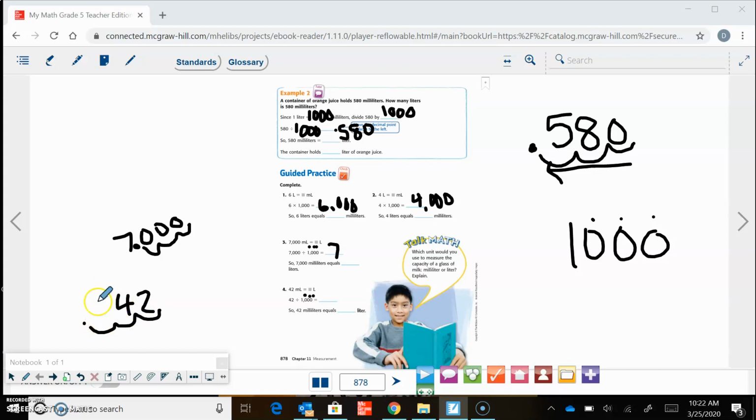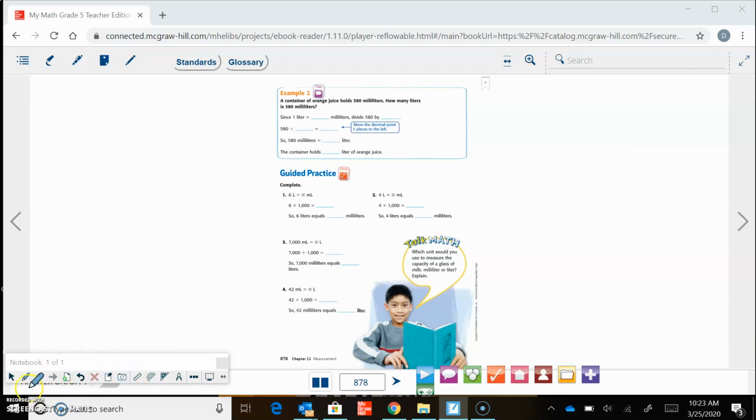Uh-oh, I have this blank space. What do I need there? I need to add a 0. So my answer is going to be 0.042. Make sense? All right, let's try a couple on the next page, but I think you guys probably have this.